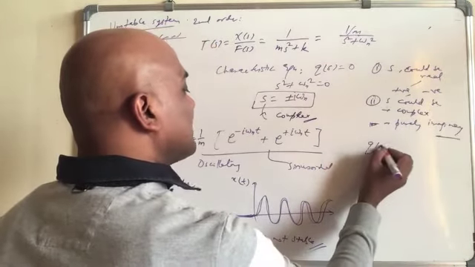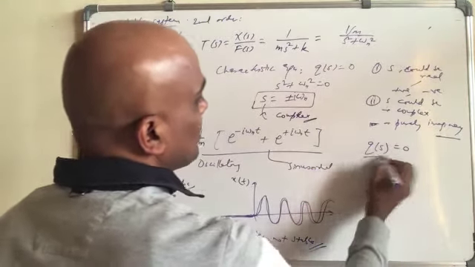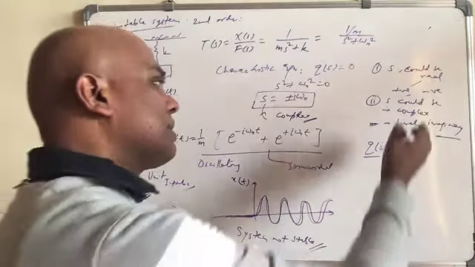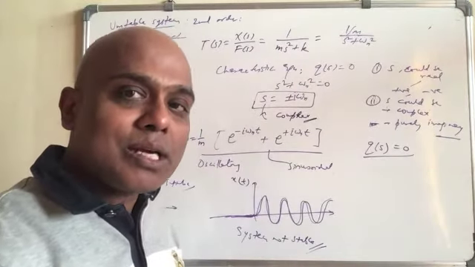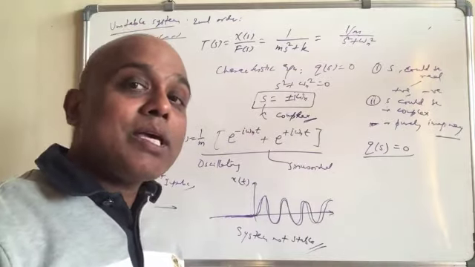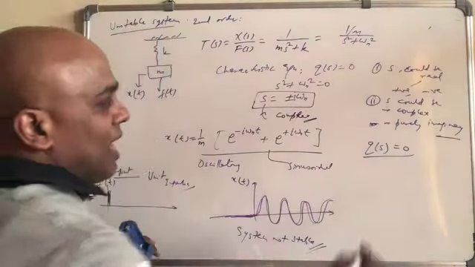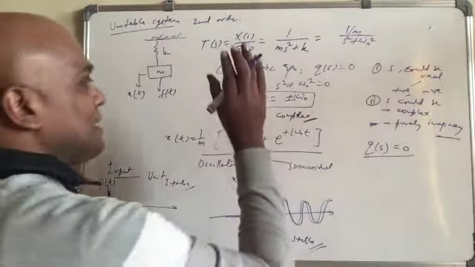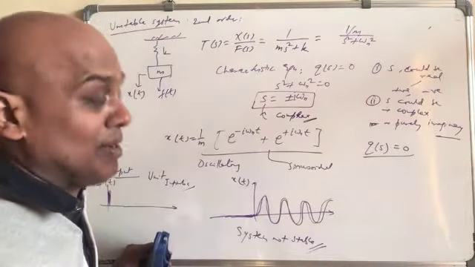Meaning that the characteristic equation Q(s) equal to 0 can have all kinds of solutions, right? It can have a complex solution, a real solution, a positive solution, a negative solution, a purely imaginary solution. All those solutions are possible. That's what it means. And depending on whether the value is negative or positive, we can find out whether the system is stable or not.